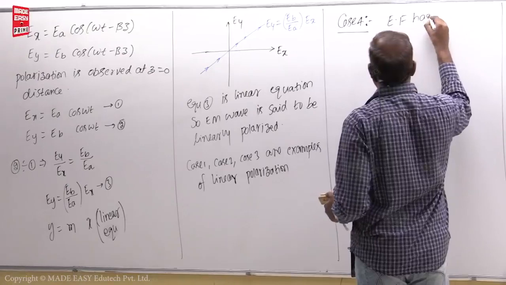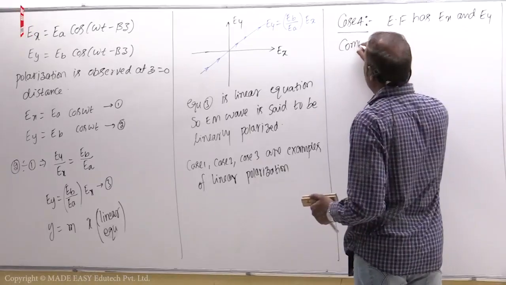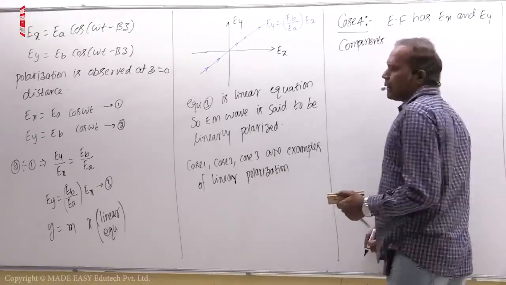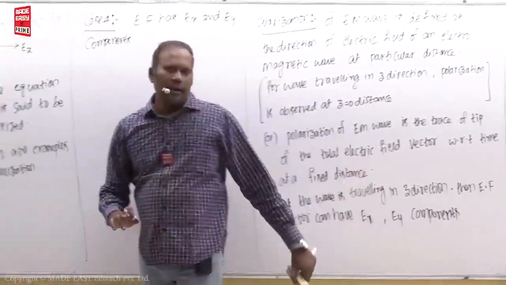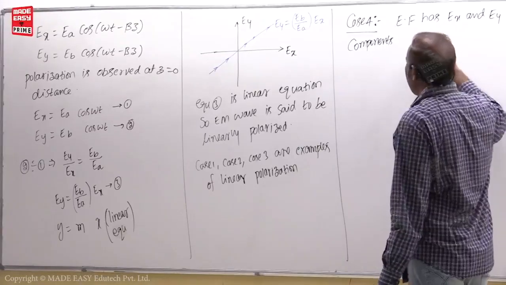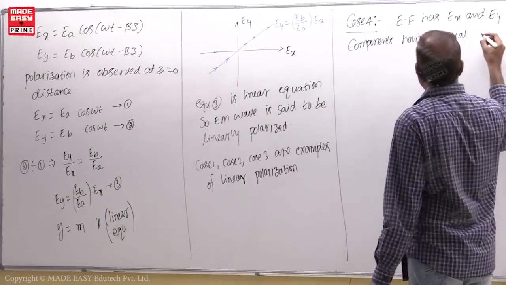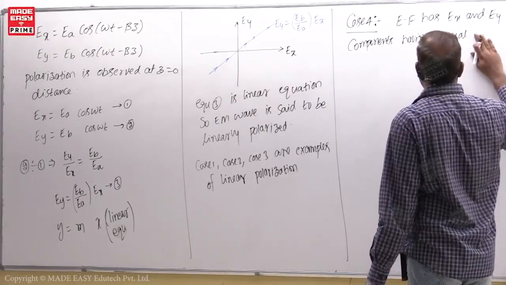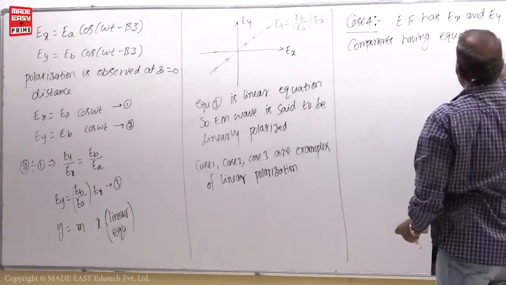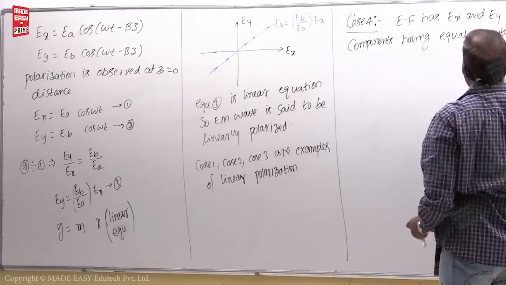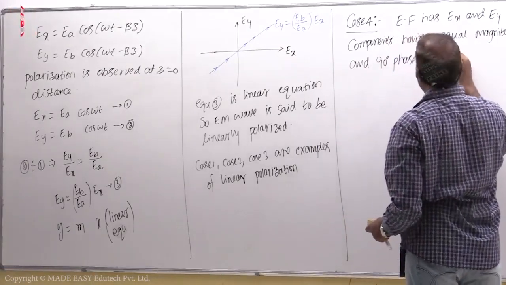Case 4. The electric field has Ex and Ey components having equal magnitudes and 90 degrees phase difference.